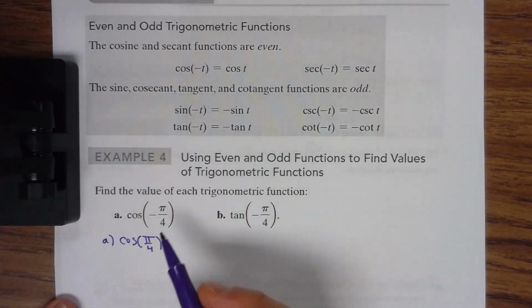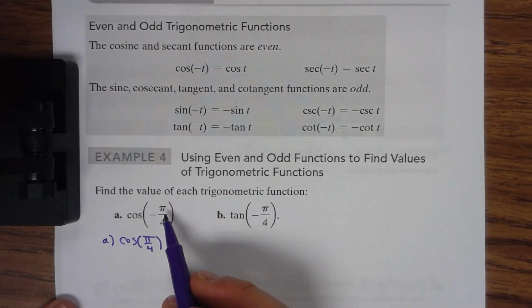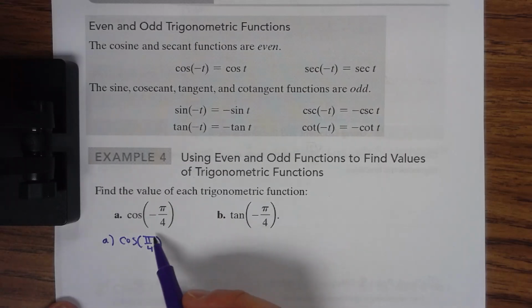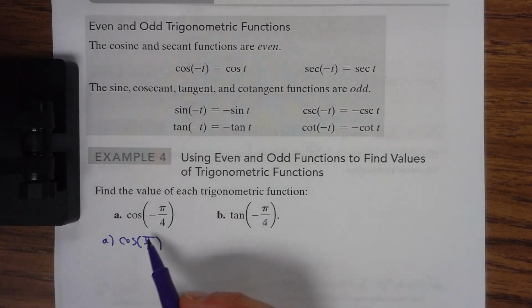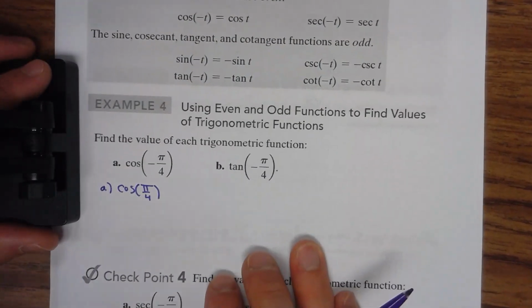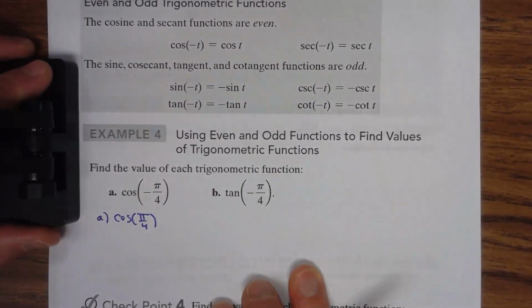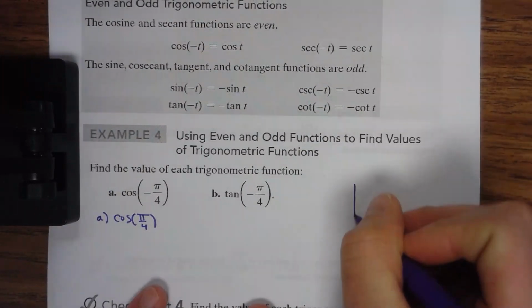To be honest, we could find negative pi over 4 on the unit circle, granted all of our unit circles have positive angle measures, so this is a little more helpful here. But cosine of negative pi over 4 is going to equal cosine of positive pi over 4.